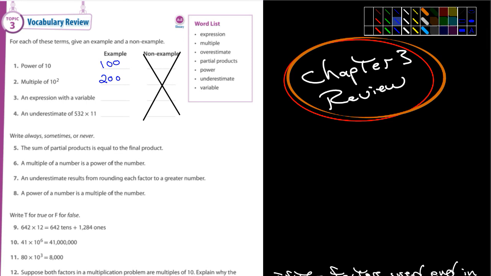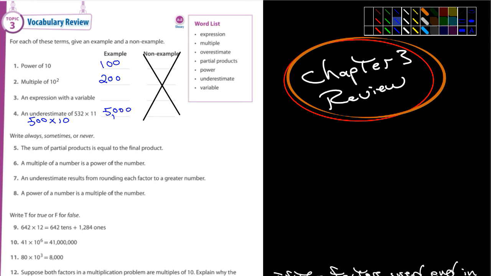If we were to round this to get an approximate of what that might be, an underestimate could be, let's say, 500 times 10, which is what? 5,000. Okay. I think that's a reasonable underestimate.